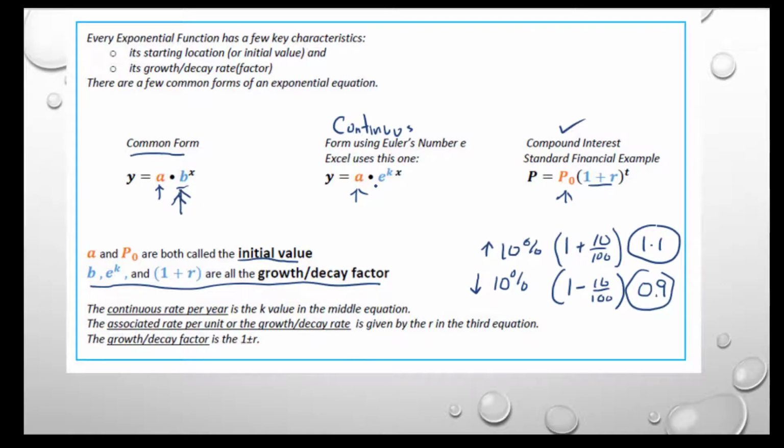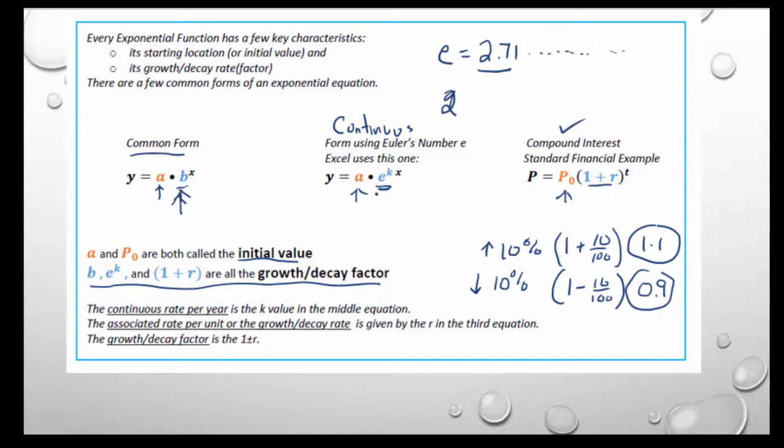E to the K works a little bit differently. First of all, E is Euler's number, which is an irrational number, which means it goes on forever. It's about 2.71. You can check it on your calculator. And K is the continuous form of the rate.